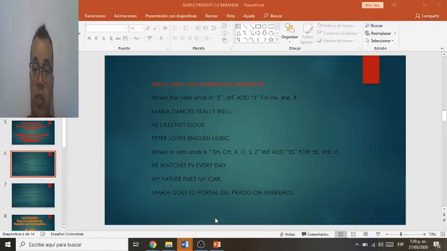Okay, let's continue. When a verb ends in sh, ch, x, o, s, z, we add es for he, she, and it. Cuando terminan en sh, ch, x, o, s o z, vamos a agregar es solamente, repito, para he, she, or it.